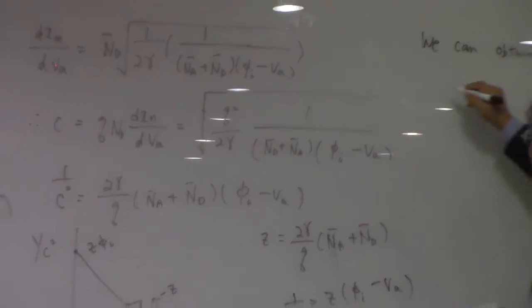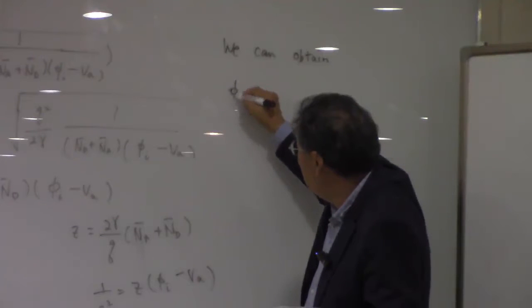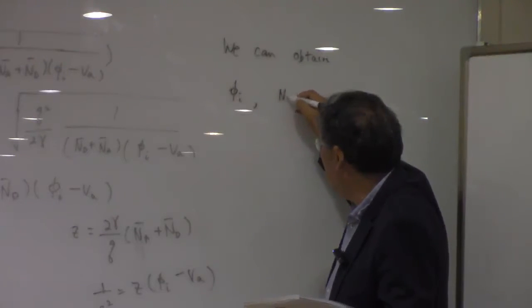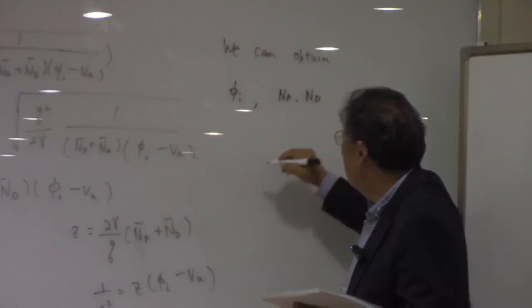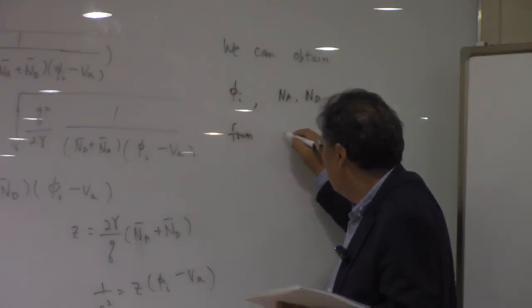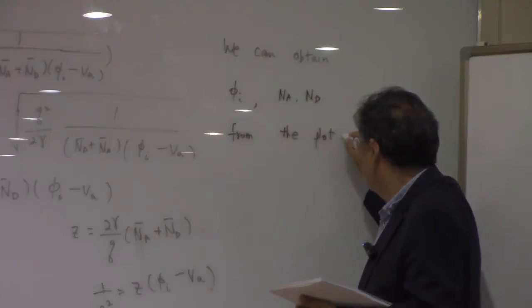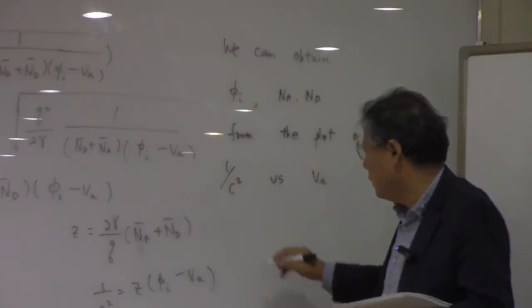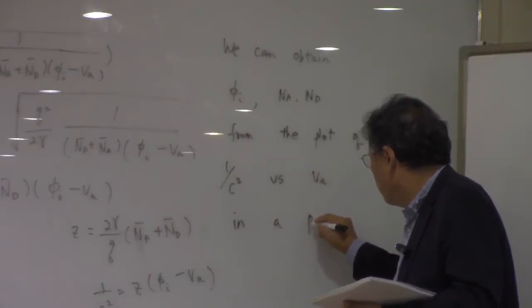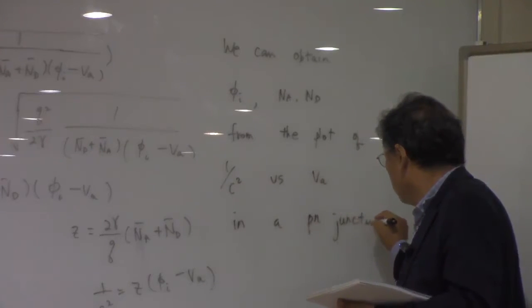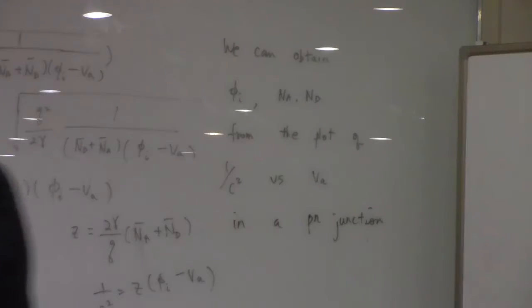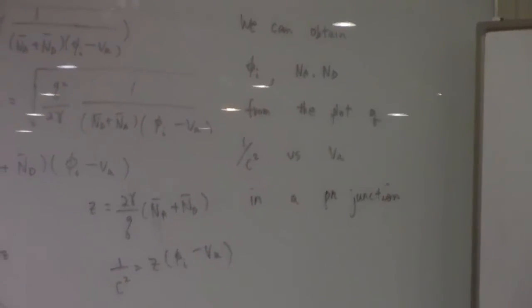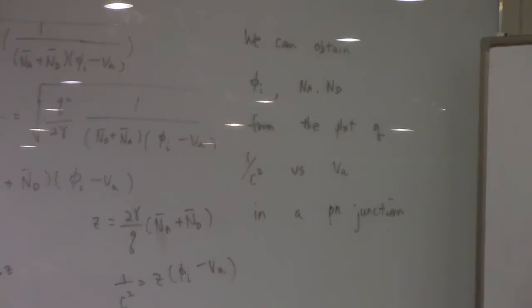Okay. So this is important. We can obtain phi_i and N_A and N_D from the plot of 1 over C squared versus applied voltages in a junction. So you physically make a junction, and then you measure the capacitance change with respect to applied voltages.